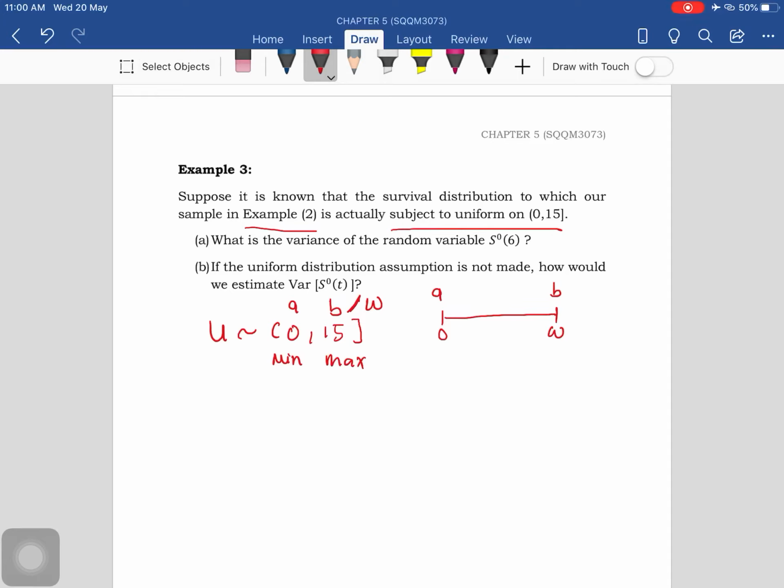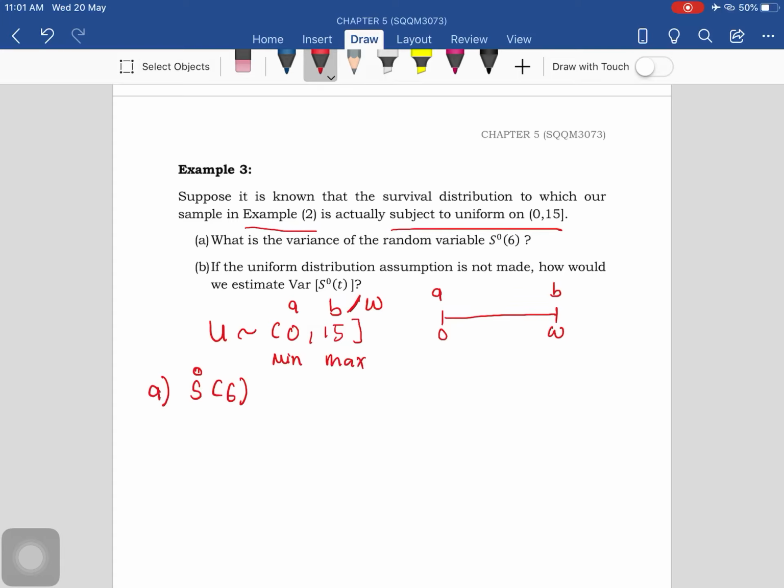So what is the variance of the random variable S_hat(6) for part A? We have to find the survival function at t equal to 6 using the uniform distribution. How?